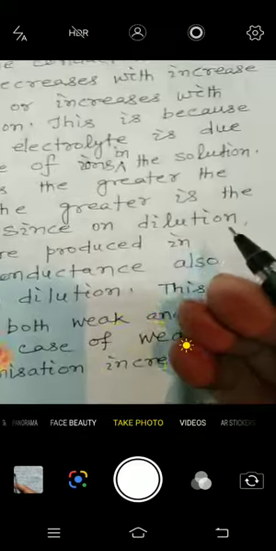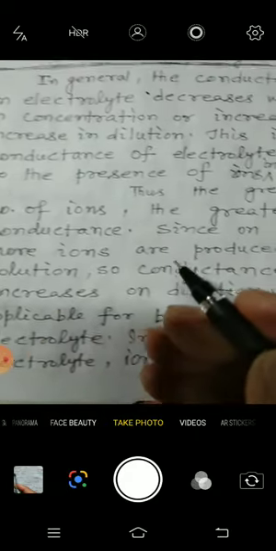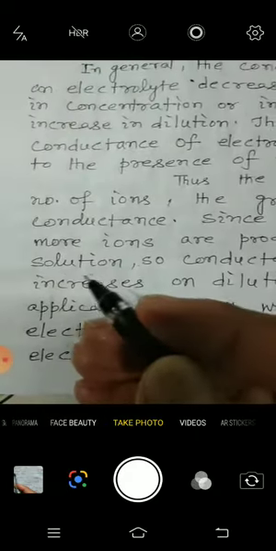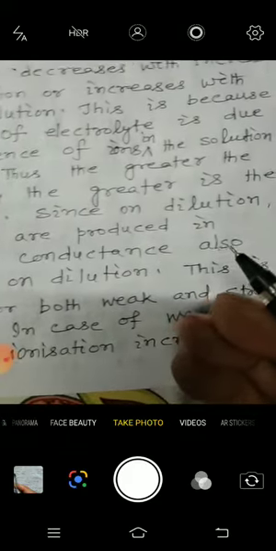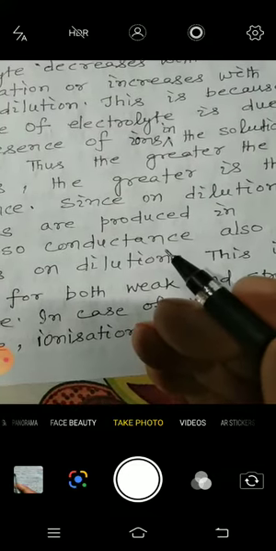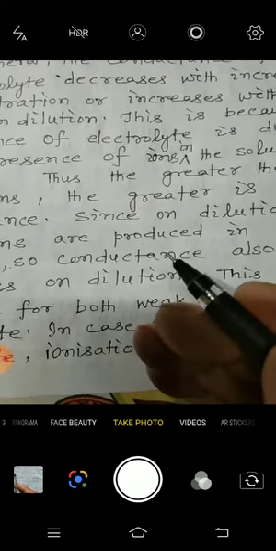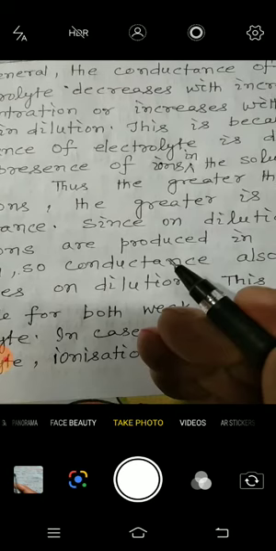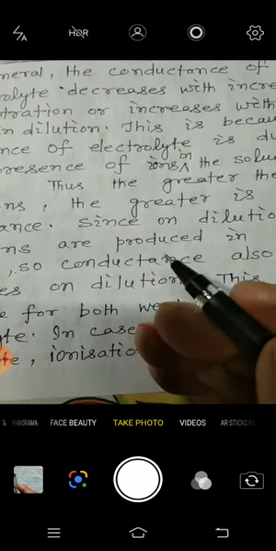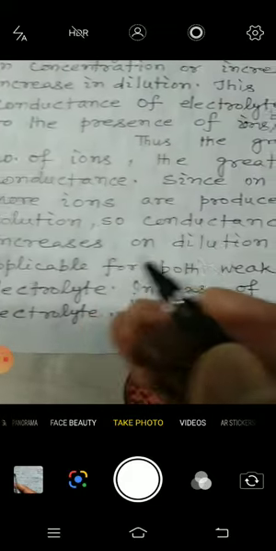Since on dilution more ions are produced in solution, conductance also increases on dilution. When a solution is diluted, more ions are produced, and conductance is the result of ions. The more the number of ions, the more the conductance.